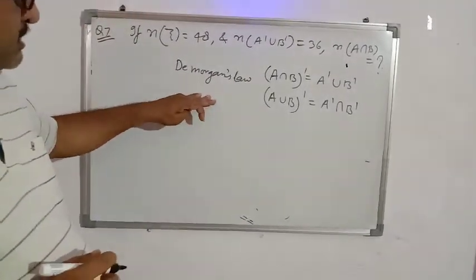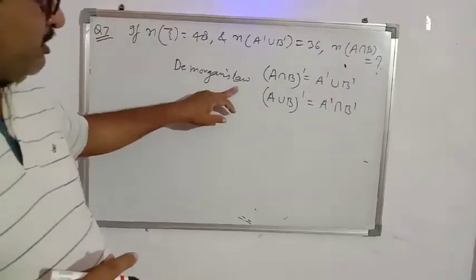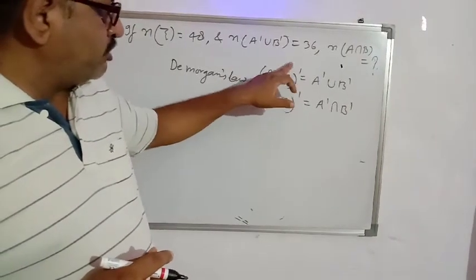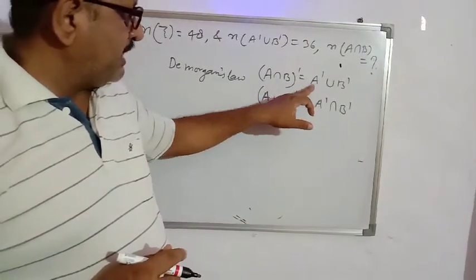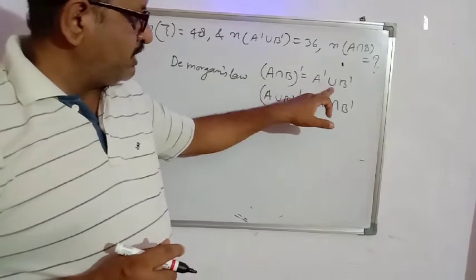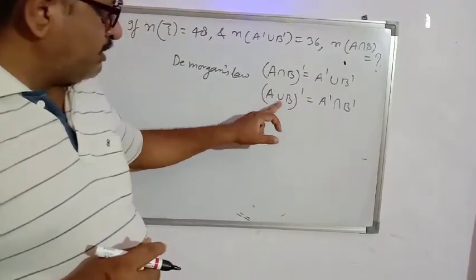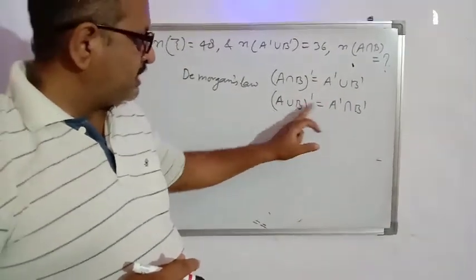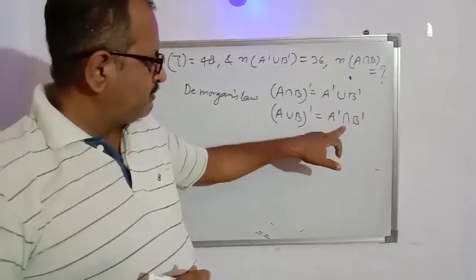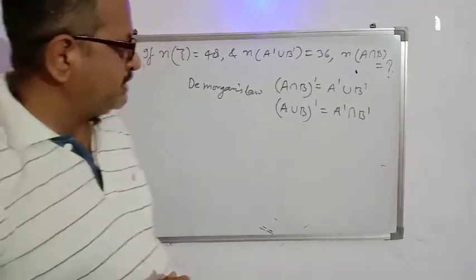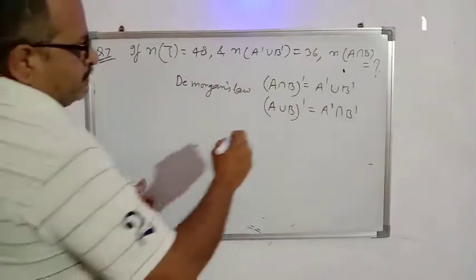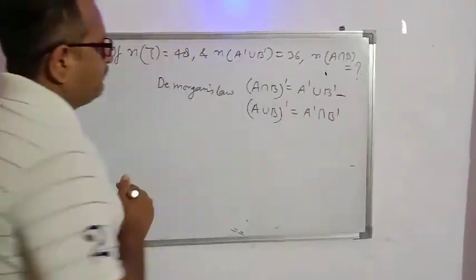So we will apply this in this question. What is De Morgan's law? (A intersection B) complement: we take A dash, intersection will become union, then B dash. And here (A union B) dash, so we will write A dash, union will become intersection, B dash. So the first one we have to apply in this question.